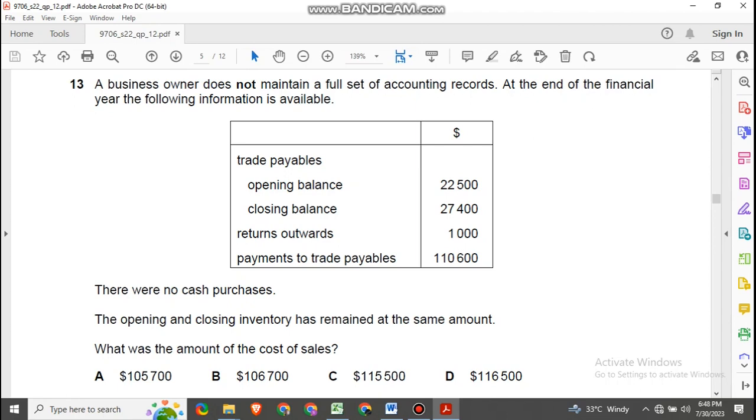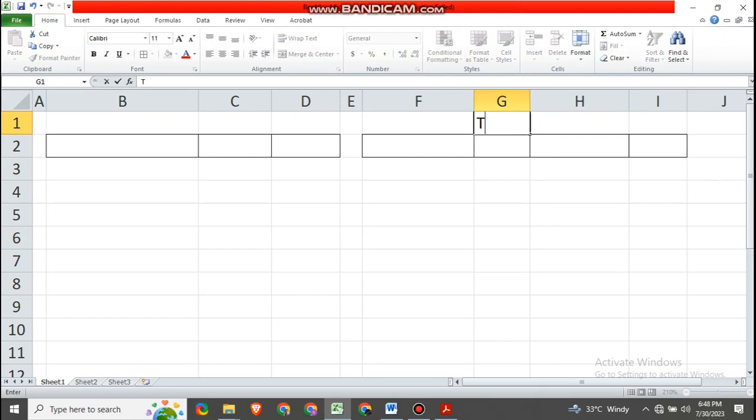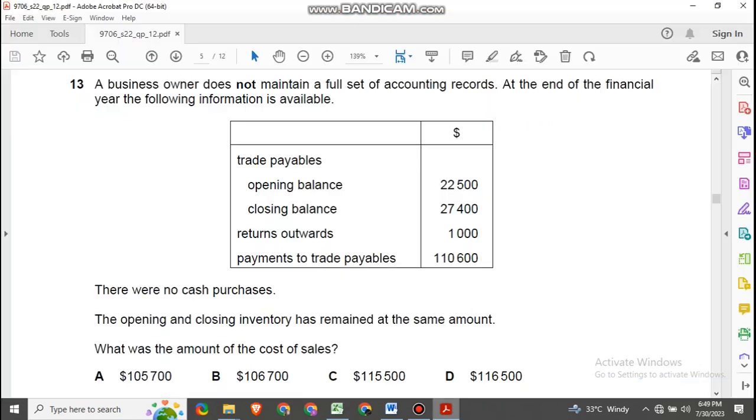So we need to find out the amount of cost of sales. For this, we need to prepare the trade payable ledger account. So let's say this is our trade payable ledger account. Opening balance b/d is given to us, 22,500. The closing balance c/d is 27,400.